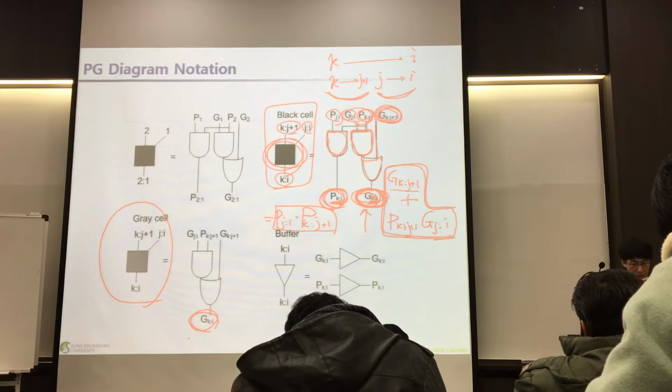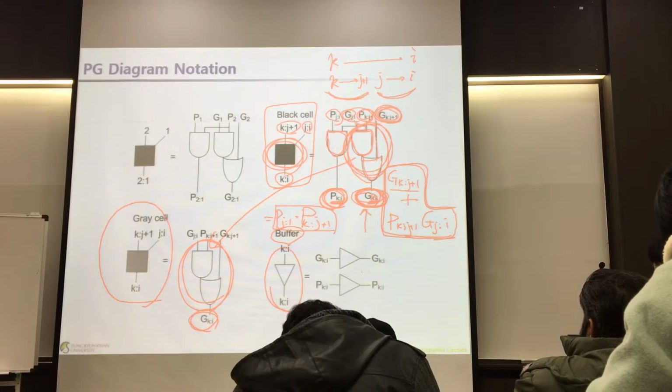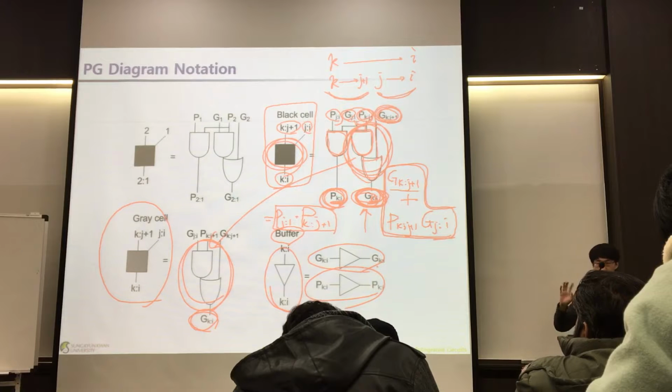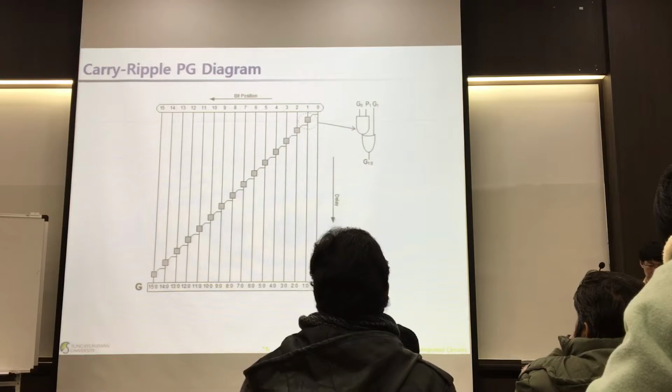It's just this part taken here. And of course, if you have a buffer, that's basically just buffering. So we have the black cell, the gray cell, and the buffer, which is literally a buffer. With these, let's see what we can do.